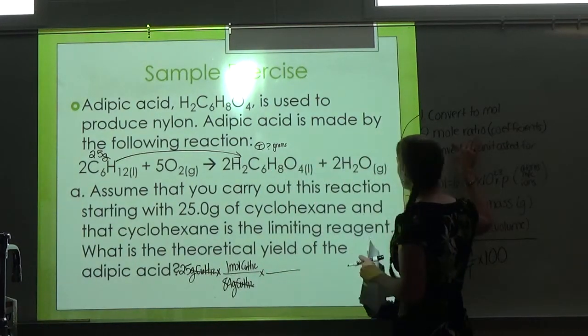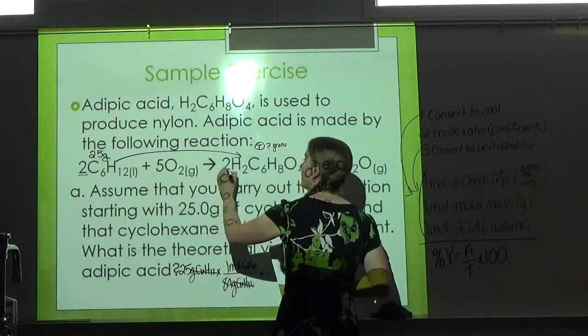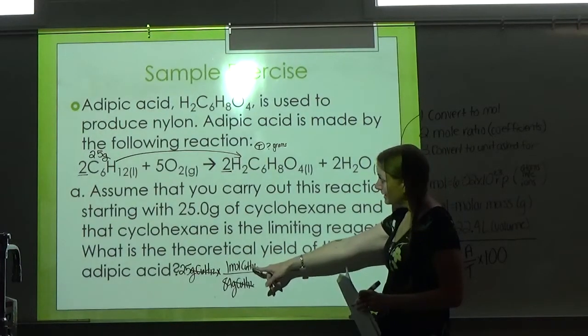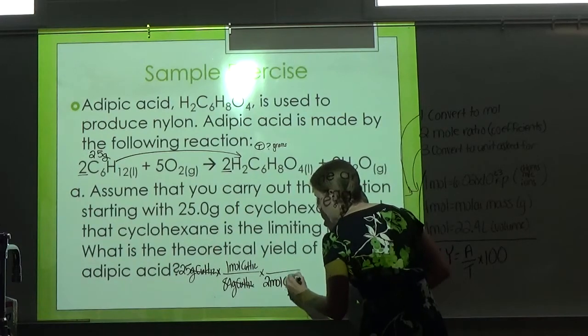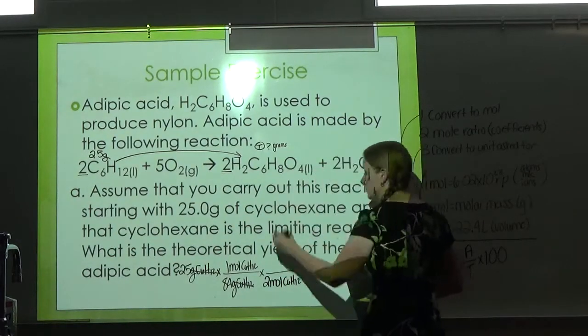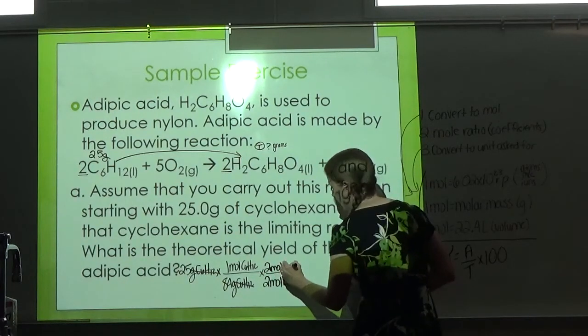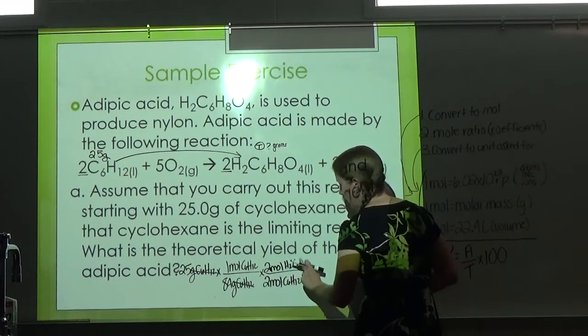Next step, I have mole ratio. So I can see that 2 moles of my C6H12 yields 2 moles of my adipic acid. But because I have the cyclohexane on top, I'm going to put the 2 moles of cyclohexane on bottom and the 2 moles of adipic acid on top. Oh gosh, okay. We're getting kind of long formulas here.